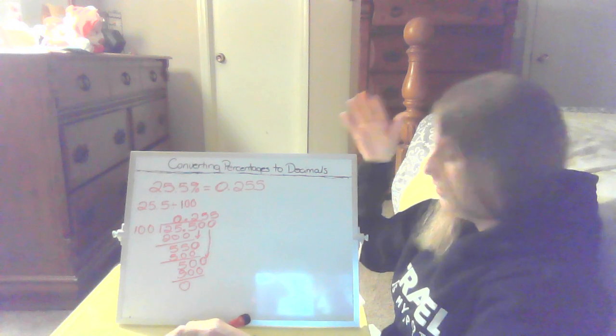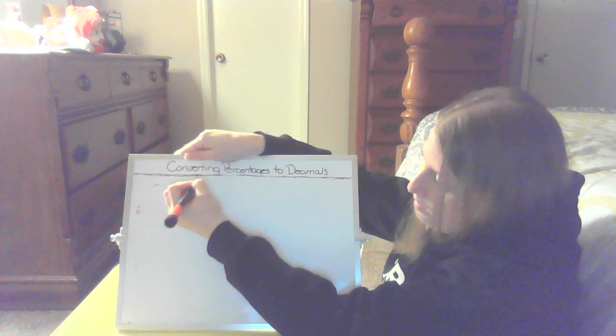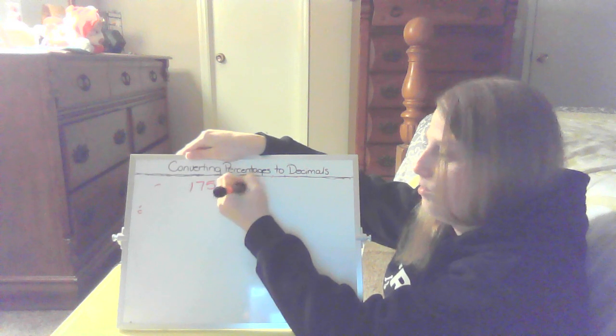Okay? Now our final example is a little trickier. It's a bigger number. We're going to go ahead and share that one as well. And that is going to be 175.85%. And we know that that is of 100%.